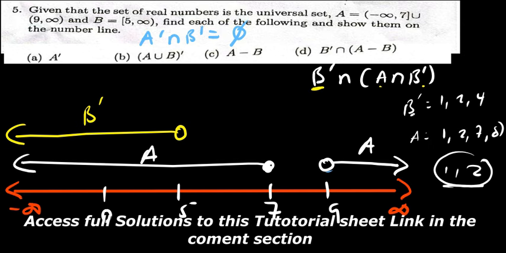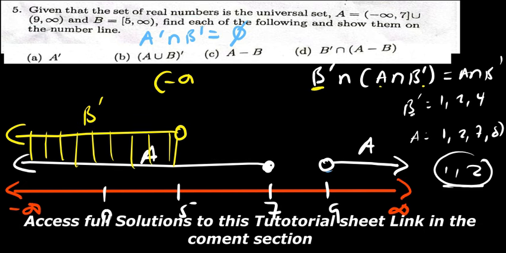So this is the same as finding A intersection B complement. So we want where A and B complement are meeting. There is no B here, forget about that point. So it is this point here. So it is actually from negative infinity to 5, 5 not included again. 5 should not be included. Okay, so that is it for question 5.